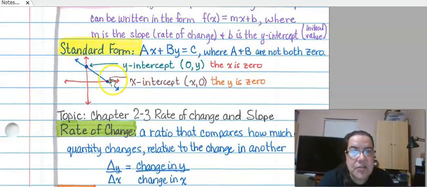To find the x-intercept, so where does it cross the x, the y has to be 0 because you don't go up anywhere. You just go over here to the x value and the y is 0. So a quick little trick is turn the opposite letter into 0 and that'll tell you where the intercepts are. So we'll be looking at that in the examples.